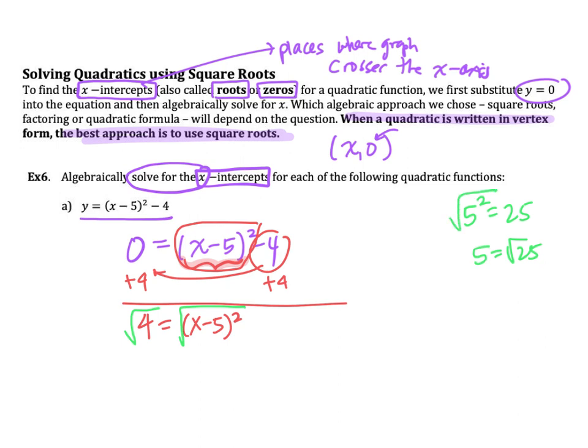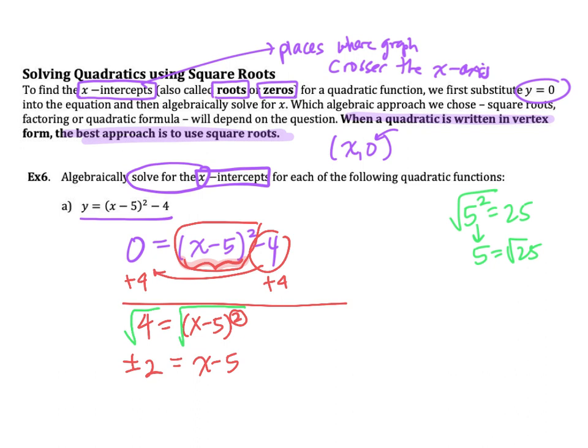So the square root of x minus 5, the quantity squared, is just x minus 5. But because we're undoing a square, we have to have two possible answers, so that's plus or minus 2. A quadratic will have two x-intercepts unless the vertex is actually on the axis. So we have two x-intercepts.